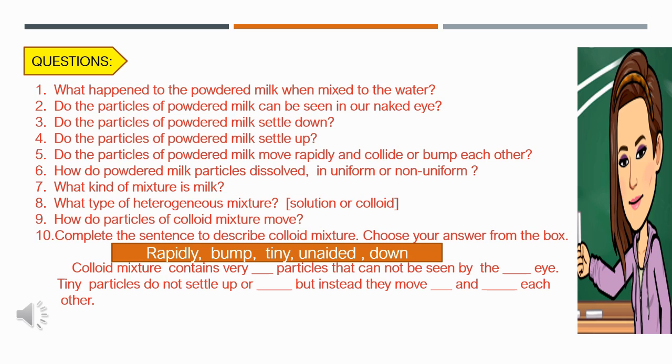The words in the box are rapidly, bumped, tiny, unaided, and down. Now, here is the sentence. Colloid mixture contains very blank particles that cannot be seen by the blank eye. Tiny particles do not settle up or blank, but instead they move blank and blank each other. Okay, go!